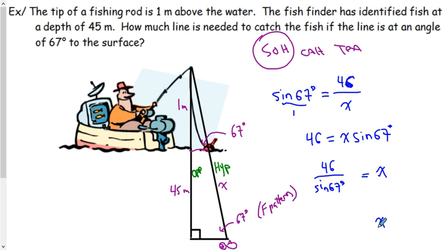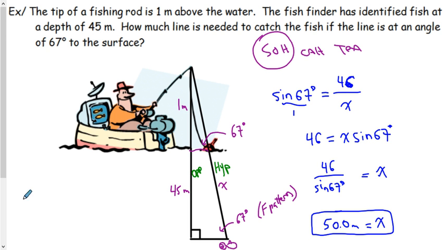Now it's some calculator work. Let's plug it into our calculator. 46 divided by sine of 67 degrees. I'm going to go to one decimal place. It's going to be 50.0 meters of line.